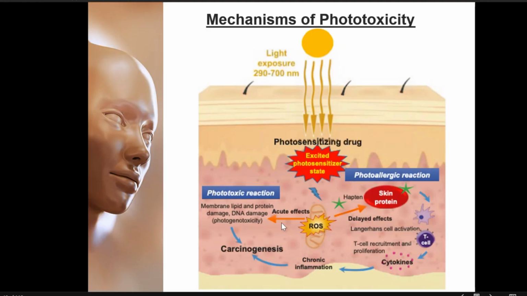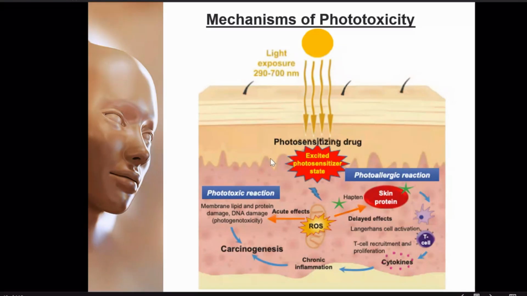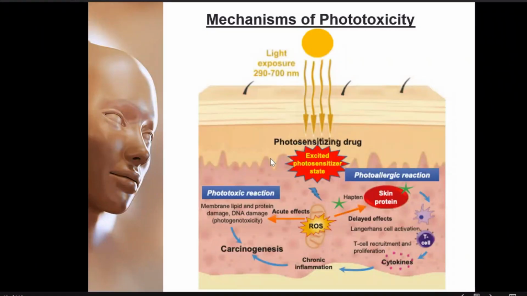There is damage of the membrane lipid, protein damage and DNA damage, and it may lead to carcinogenesis. And in the chronic case, it causes activation of the Langerhans cell and proliferation of the T cell. So you can see the inflammatory lesion on the skin in the chronic case.